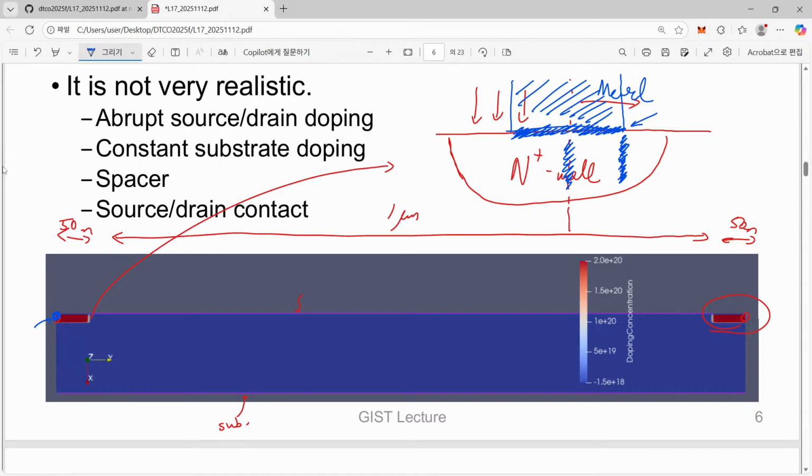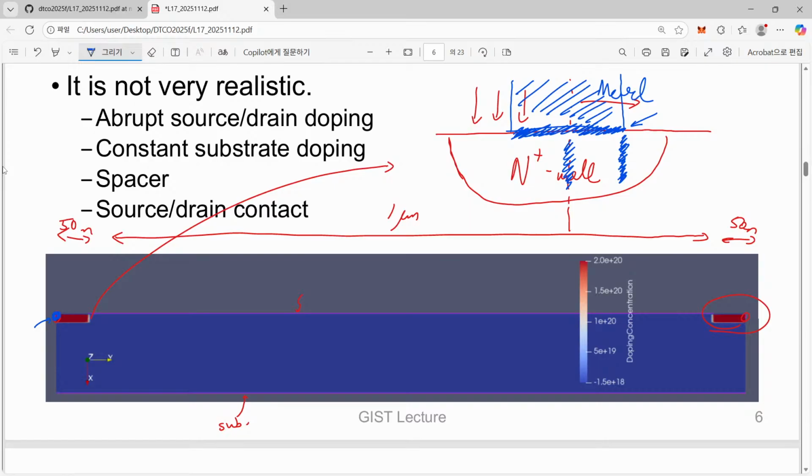It is, simply because in this long channel device, the position of the source and drain contact doesn't matter, because our devices are so long and everything is just determined by this channel region. However, please be careful. This is just a classroom exercise.